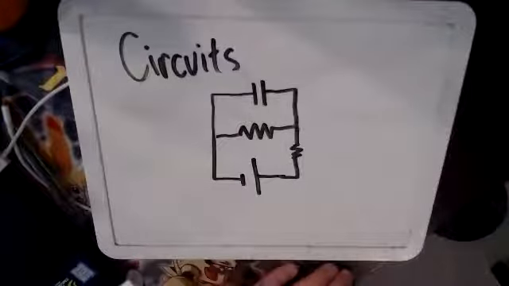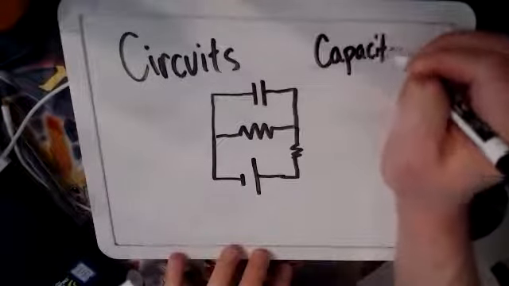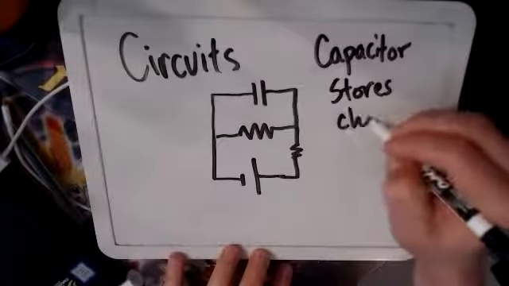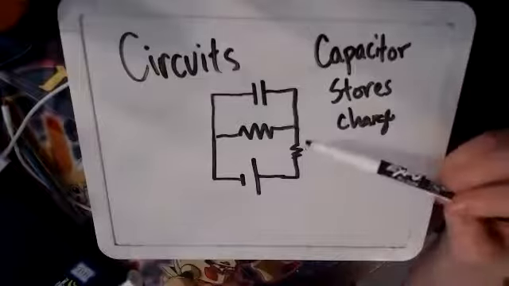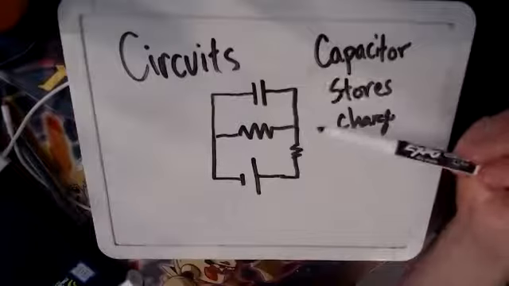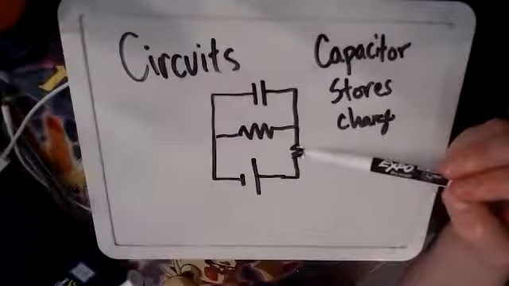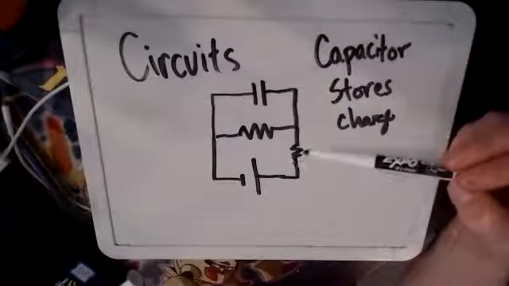It's complex, but we need to think about what a capacitor does. A capacitor stores charge. That's all it does. And what happens is current flows through to it for a while. And in a calculus-based course, you figure out the rate at which current flows to it with a differential equation. However, in an algebra-based physics class, you don't have to worry about it.